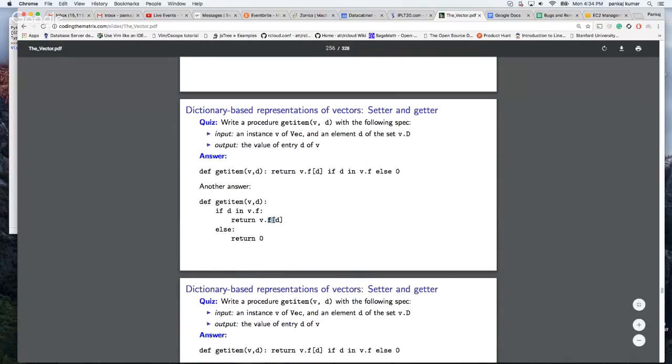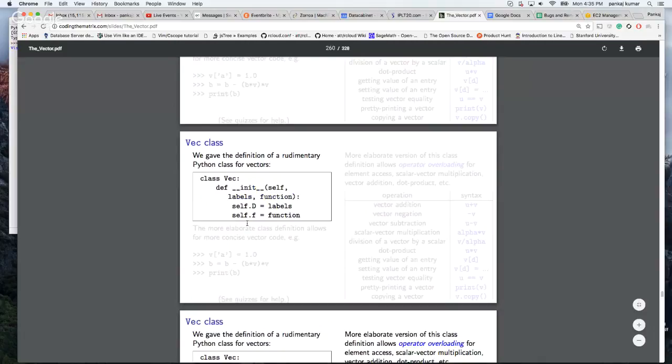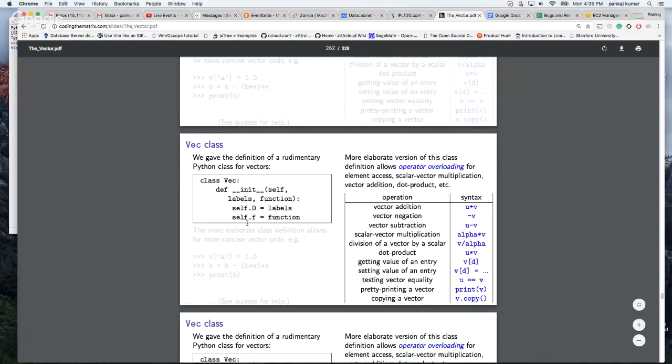F is actually not a function but a dictionary, and that was my mistake; I thought it was a function. Using d and f, they are defining all these functions: get item, set item, and all the others. There is a notebook about it, so you can try it for yourself.